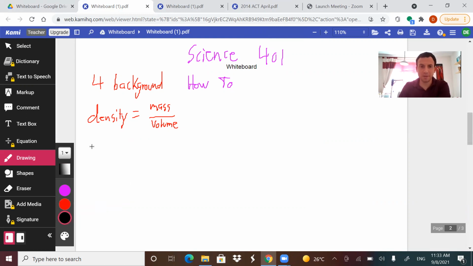So as far as timing goes, you're going to have 6 passages. If you look at any test before 2015 and even some versions of 2015 ACTs, you have 7 passages. That's changed. The ACT decided that 7 passages to cover in 35 minutes was too many.